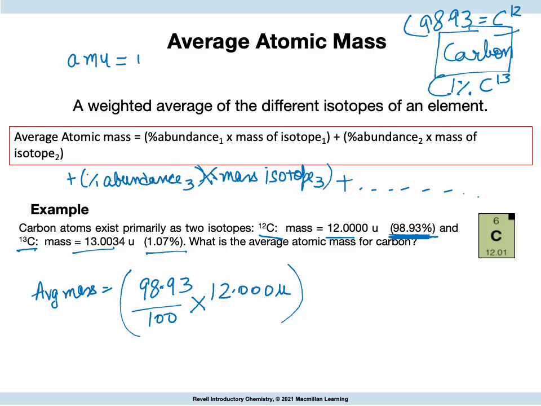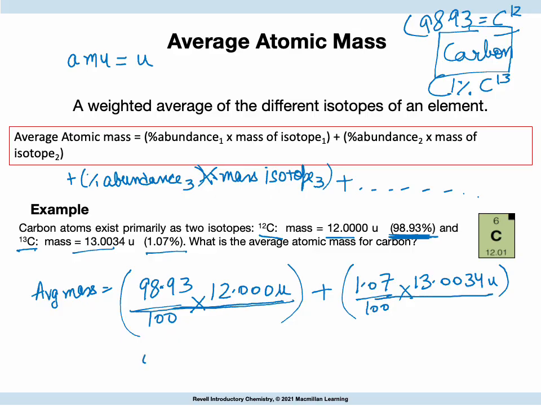AMU is the same as U. Plus the second isotope, which is 1.07%, but divide by 100 because it's a percentage. We have to convert it into a fraction, times 13.0034 U. You multiply these two, divide by 100, add it together and plug that into your calculator.